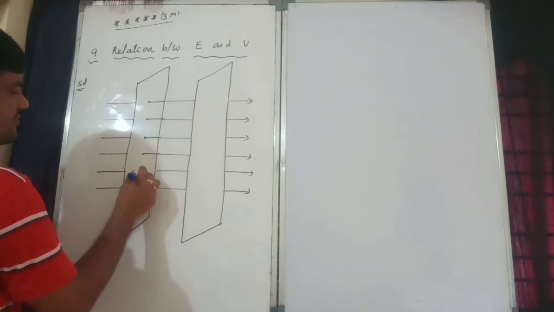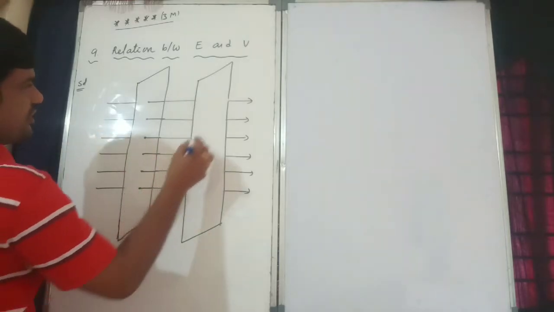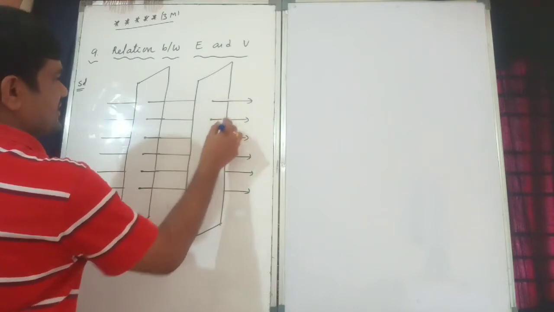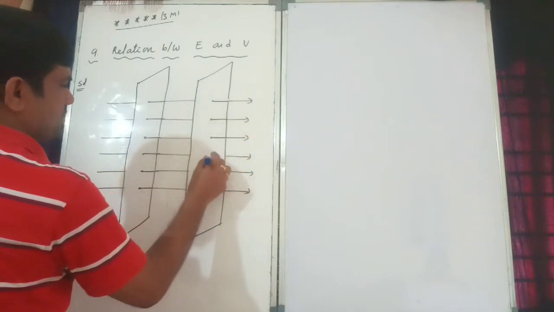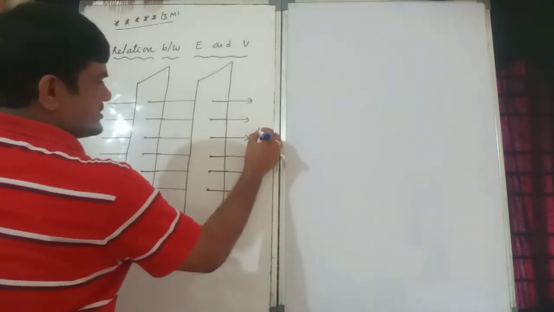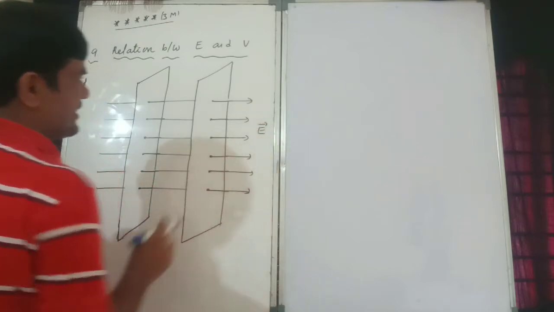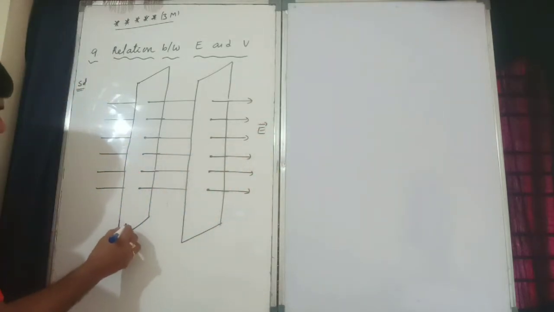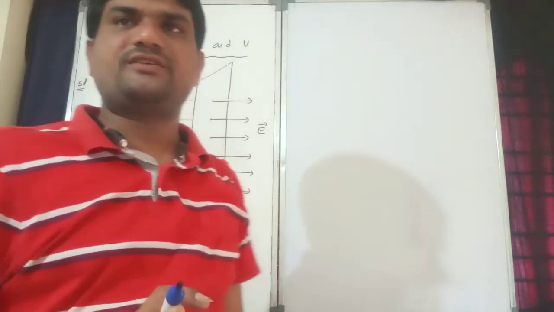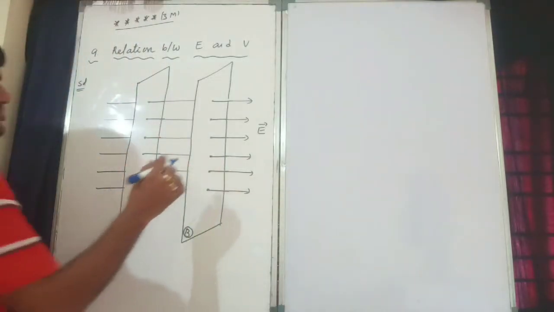At this point, wherever you see, the potential is the same. Now the electric field is going from left to right; this is the direction of electric field lines. This is plate A, this is plate B. Now we will select one region here.